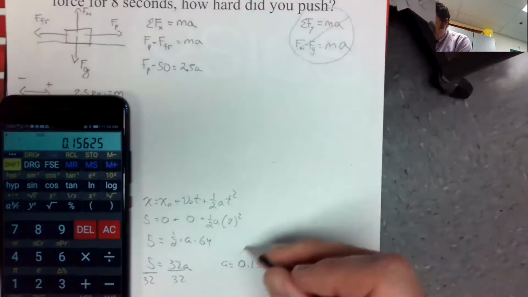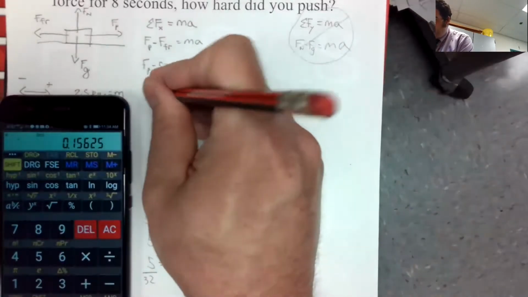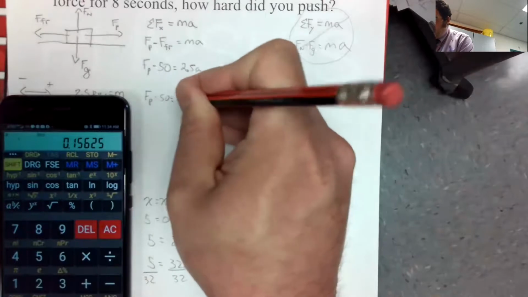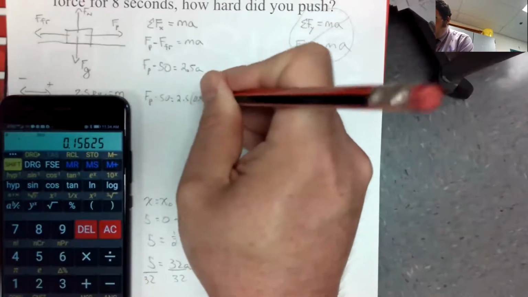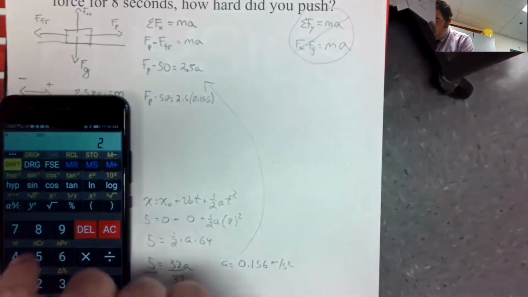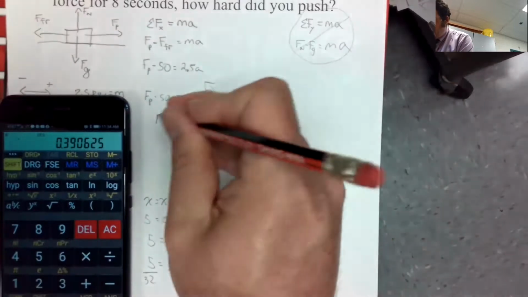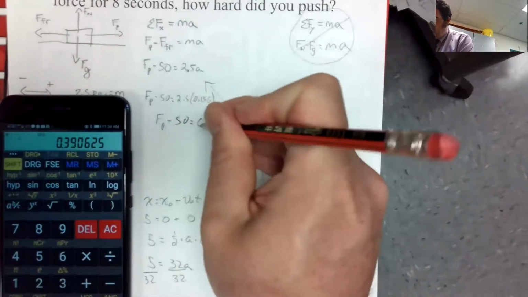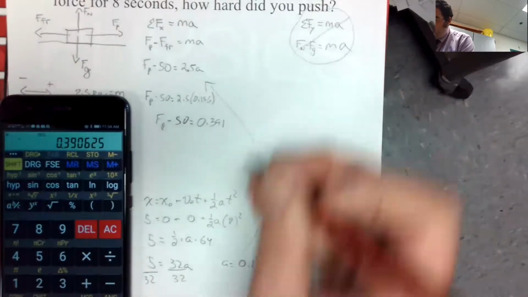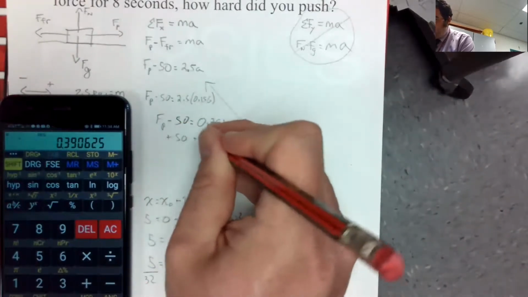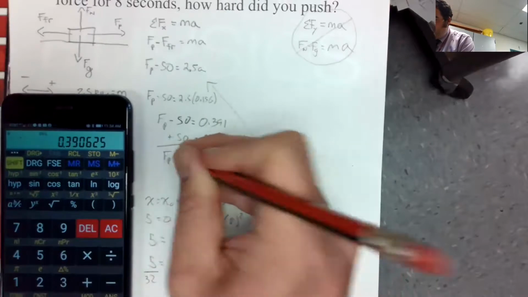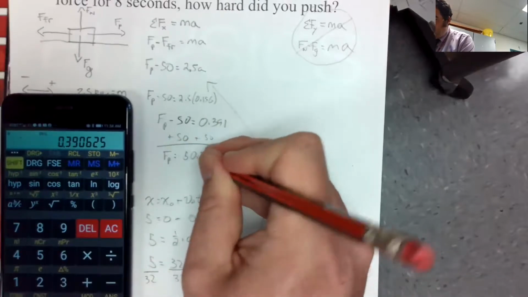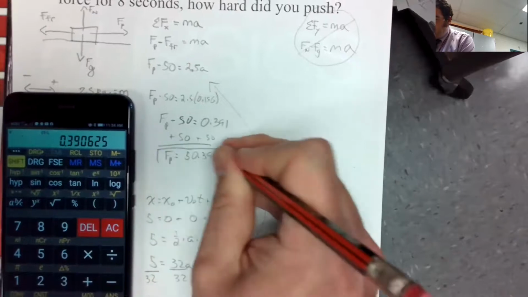Now we can plug that in up here, times 2.5. FP minus 50 is 0.391. So we'll add 50 to both sides. FP is 50.391 newtons.